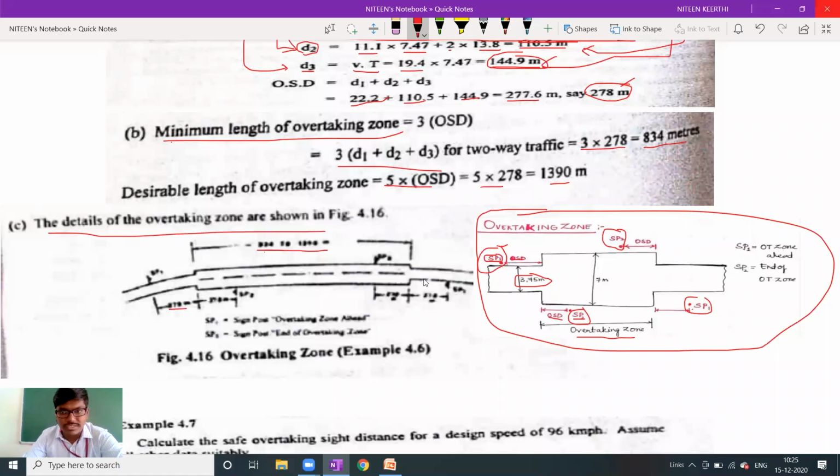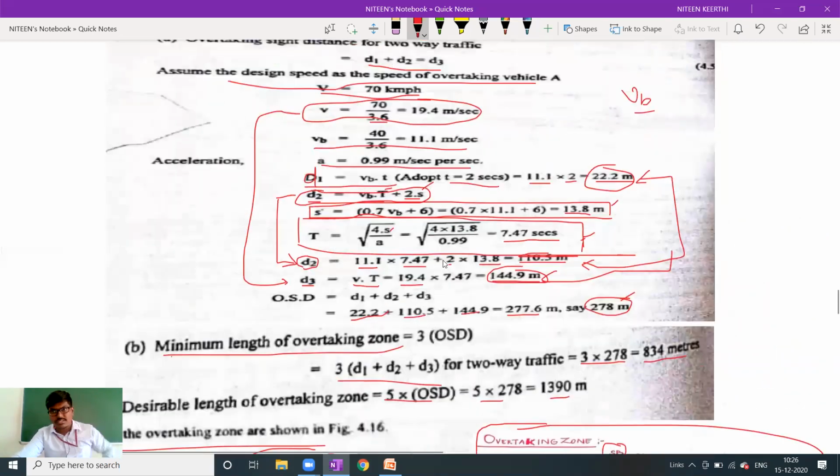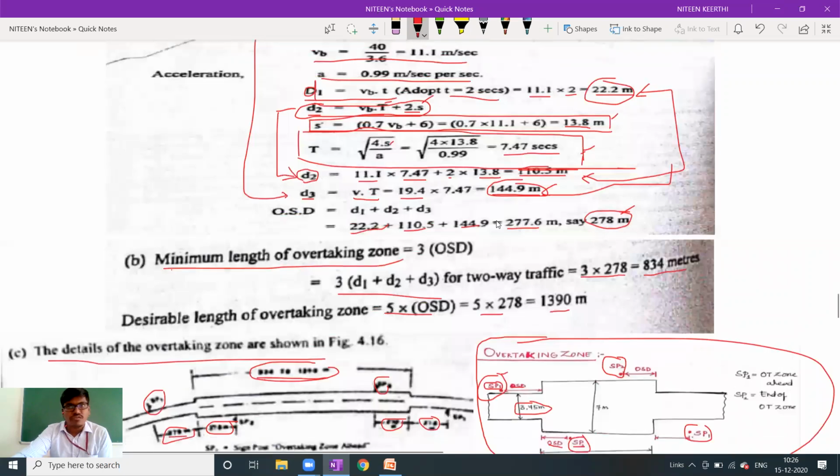So like you can draw this. Here it has written SP1 here, SP2 here, and this is 834 to 1390, and this is 278 meter OSD, and again 278 meter OSD, and here again 278 meter OSD, in that way. So this numerical example in the exam he may ask you for 10 marks.